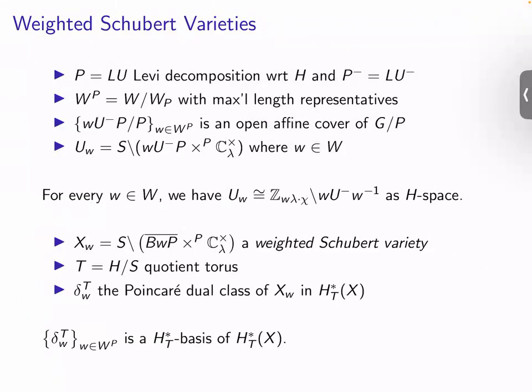Okay, so now I want to start with the open affine cover of the flag variety, pull it up into Z and quotient it out. Some of this notation you may have seen before. So if you start with one of the open affine subsets of G/P and pull it up into Z, and then quotient it out by S, call that U_w.